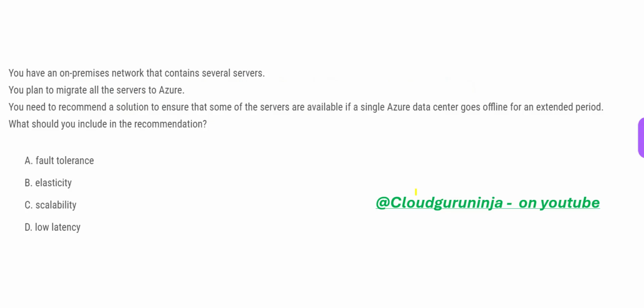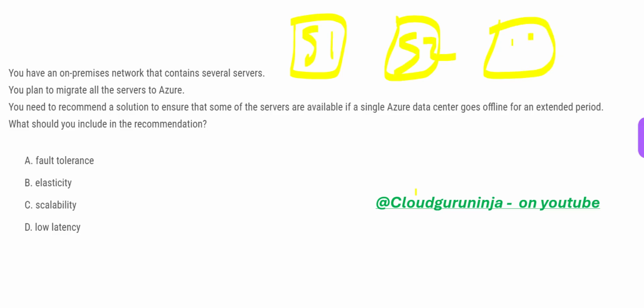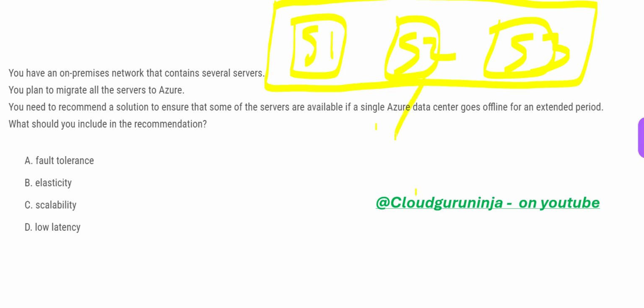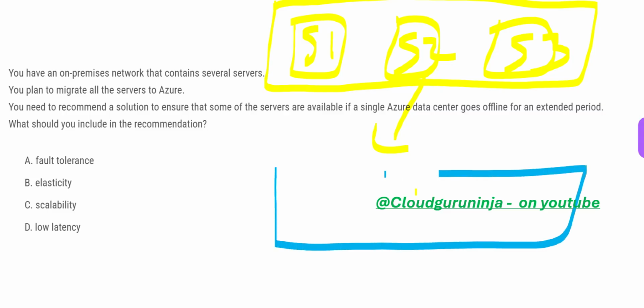See this next question. You have an on-premises network and there are several servers: server 1, server 2, server 3, and so on. Now you're saying that I want to move this entire set of servers to Azure. So this is your Azure box. You are moving it here.